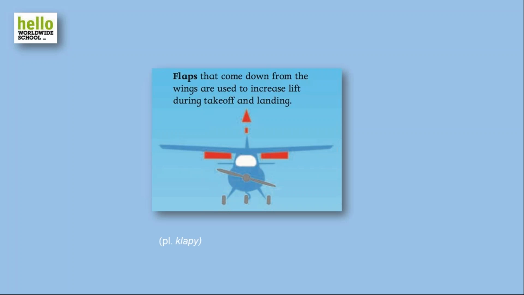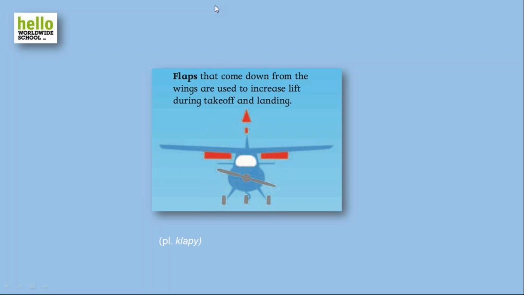Now, this is very interesting, because planes have all sorts of different things around the wings and various parts of their fuselage, which make them turn and fly up and fly down. So one of the most important ones are flaps, right?